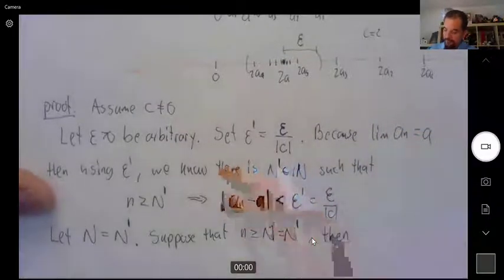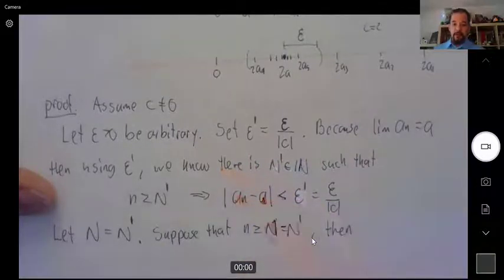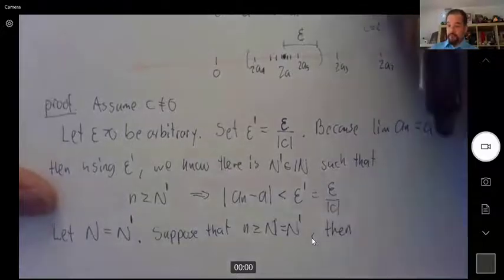Then we can use this inequality and we can multiply it by the absolute value of C. So this is what we're going to do.